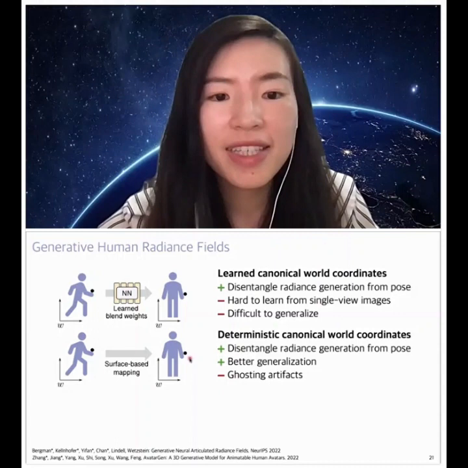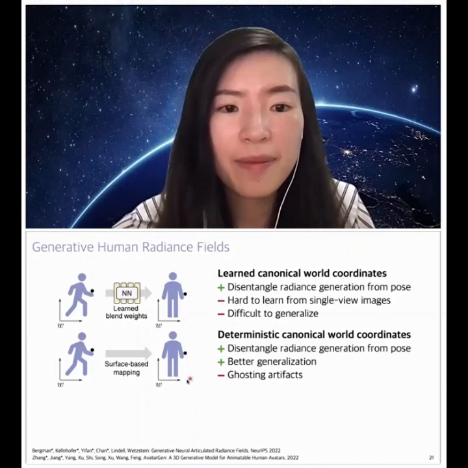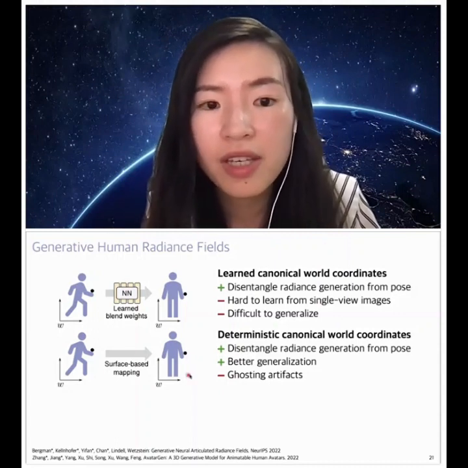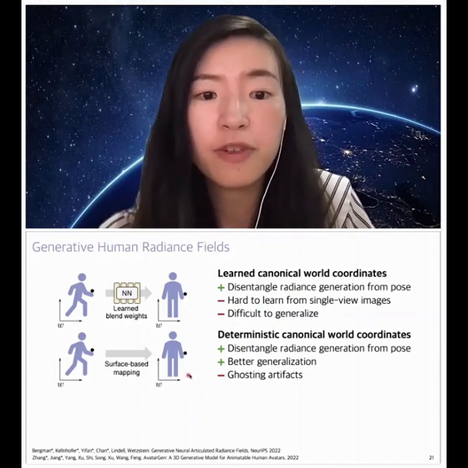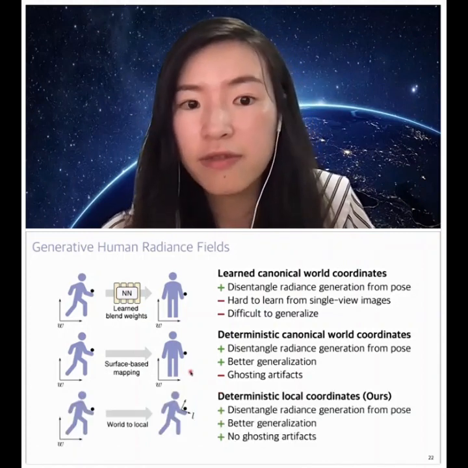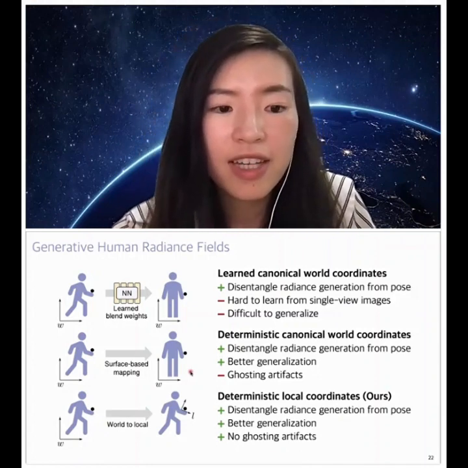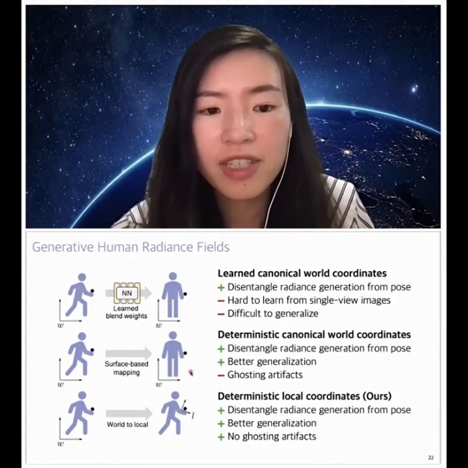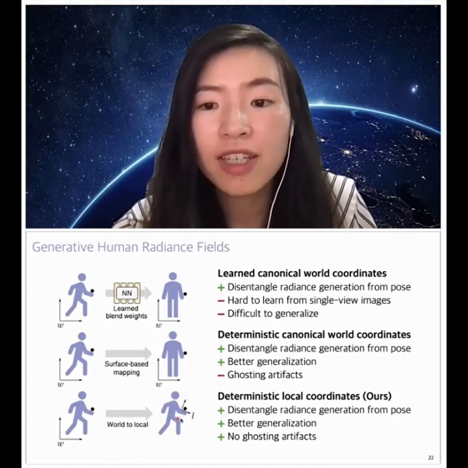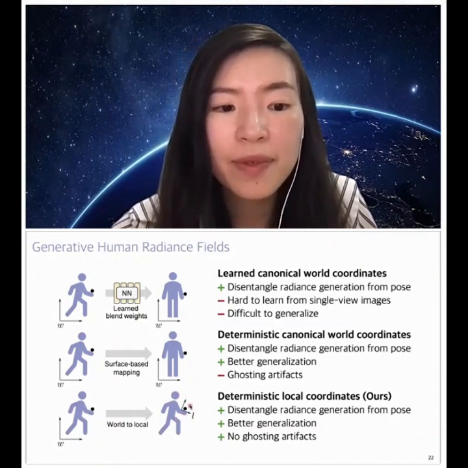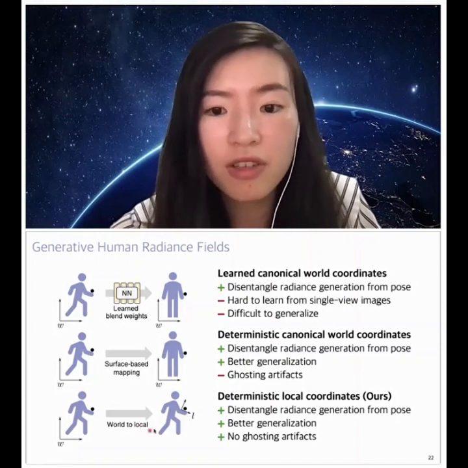So we were thinking, is it really necessary to map a point to the canonical pose to be able to fuse the multiple information across different human poses? And actually, this is not necessary. What we proposed is that instead of using a single canonical world coordinate, we map a point to multiple local coordinates.